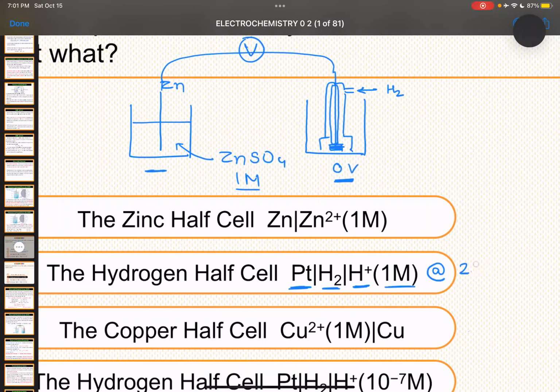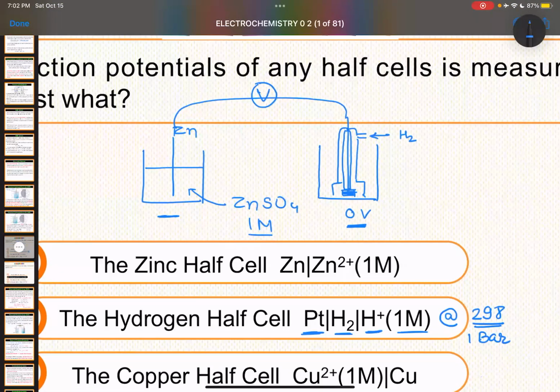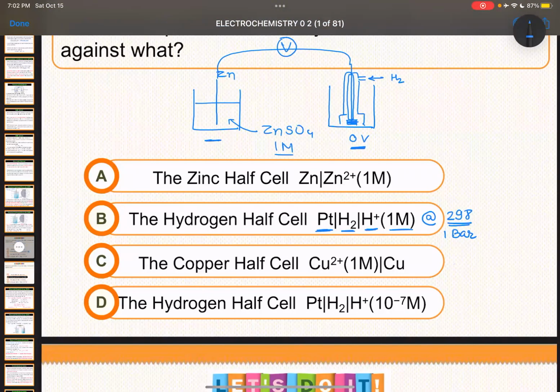These are the standard conditions. And pressure is 1 bar. The hydrogen gas is put into the electrode at 1 bar. And we assume this to be 0 volt, so that we can measure all the rest of the electrodes with respect to this.